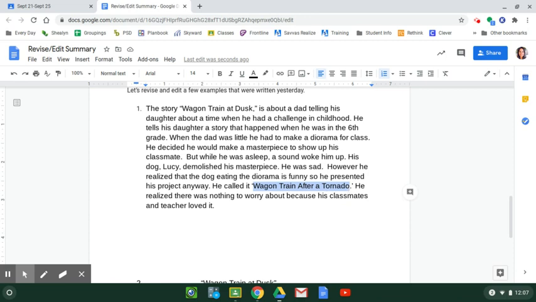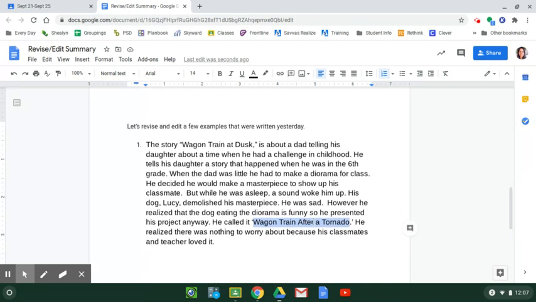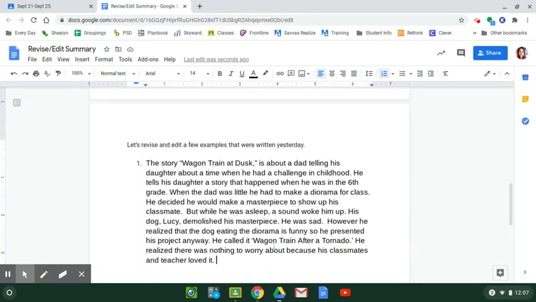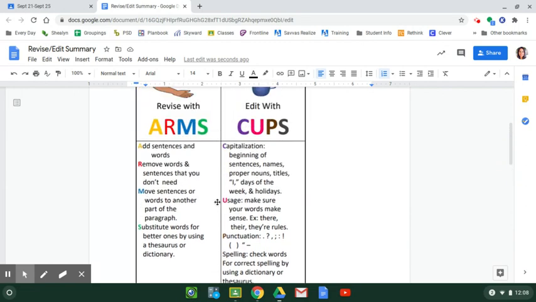All right, so what you guys are going to do is you're going to take the summary that you wrote, okay? So I edited this one, I revised and edited. You're going to take the summary that you wrote and you're going to revise and edit. So you're going to make sure that you use the arms for revision and the cups for editing.